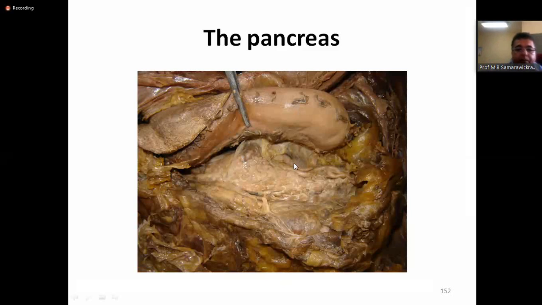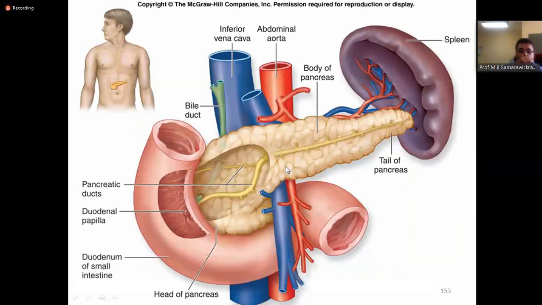And you can see the important relation here, the splenic artery. So in chronic pancreatitis, the splenic artery can be involved and cause splenic artery aneurysm, and sometimes it can rupture and bleed.